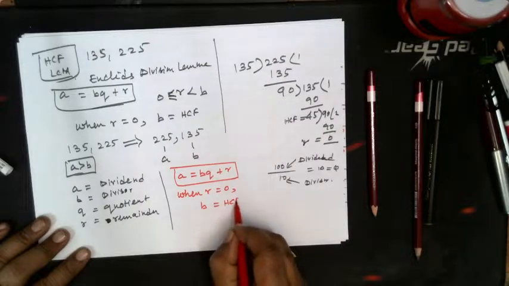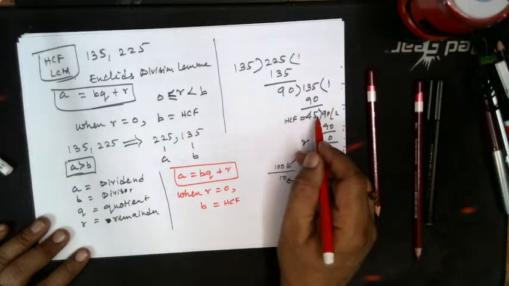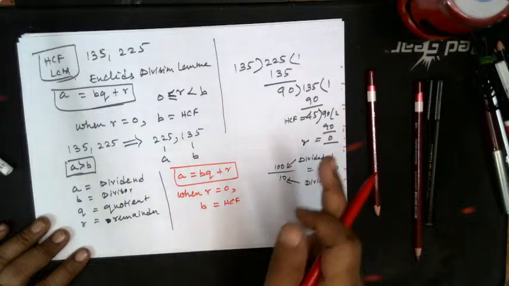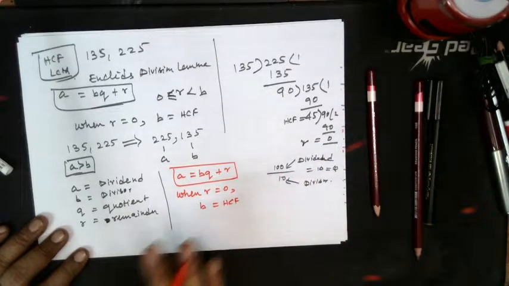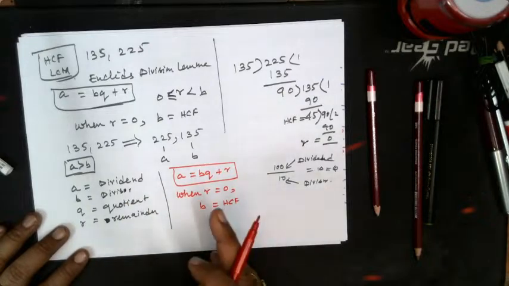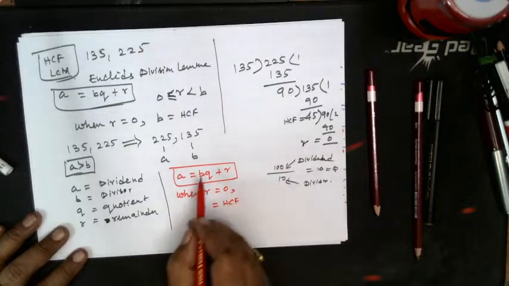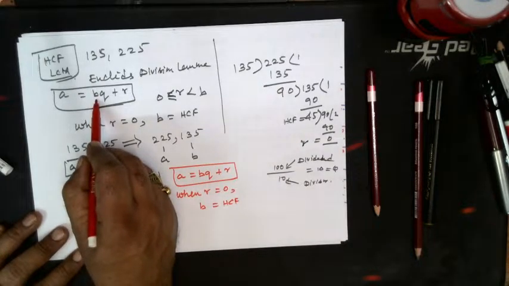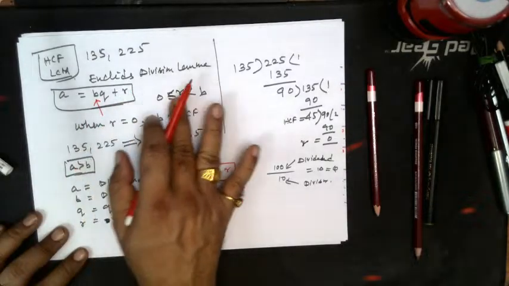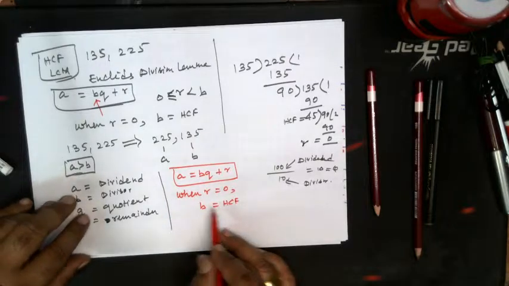This you must remember: the divisor for which the remainder is equal to 0 is declared as HCF according to Euclid's division lemma. You can write down: HCF is the divisor when the remainder becomes 0. That is the logic, and based on that we are going to proceed.